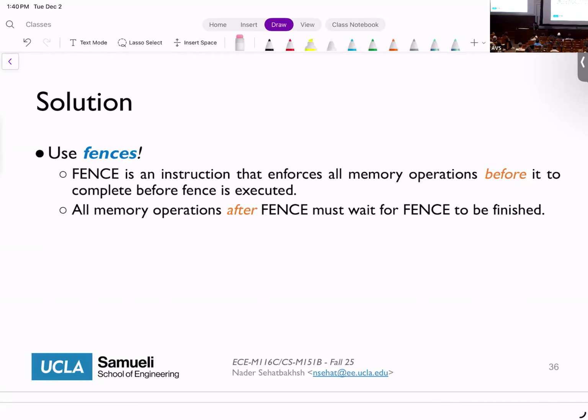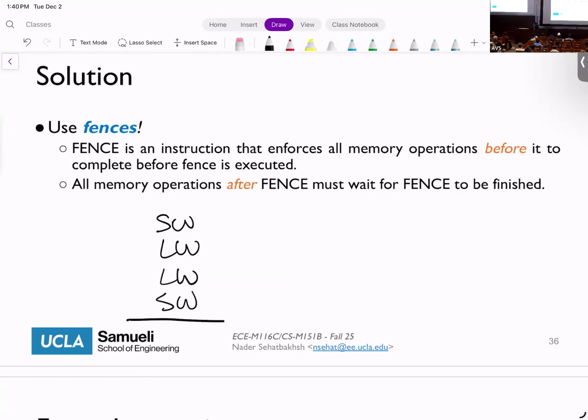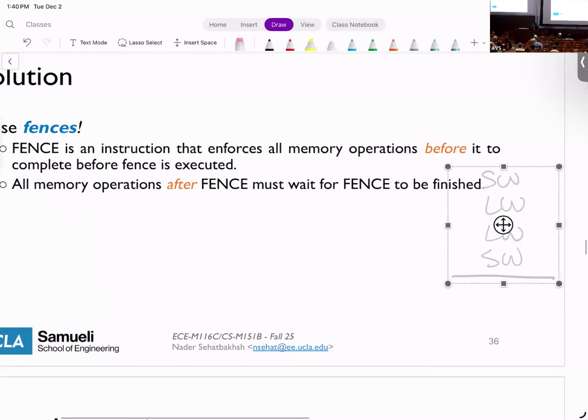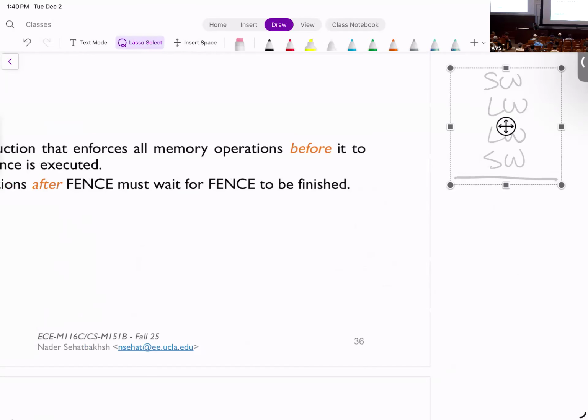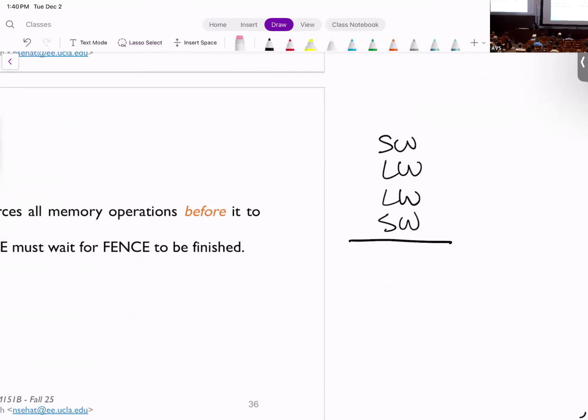So for example, you have a bunch of loads and stores, and then you have the fence instruction, and then you have a bunch of other loads and stores.